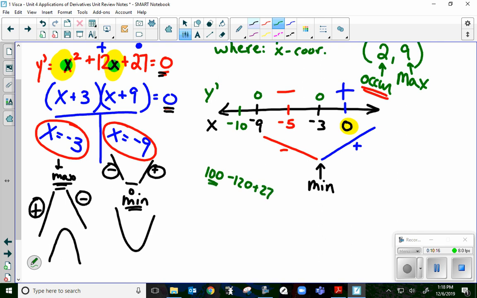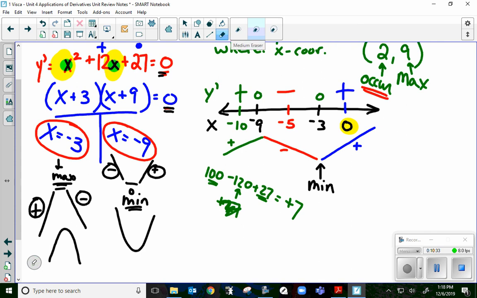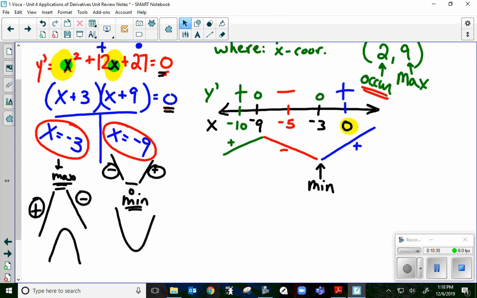If I add these two, I get 127 minus 120. That gives me a positive 7. Okay, so that's positive, which means this slope is going up. It's positive, which means I know just by looking at my lines, I go up to down right here, is a maximum. That definitely looks like a hilltop.